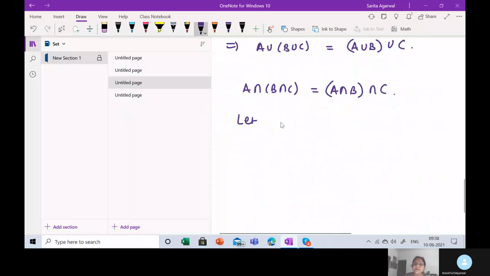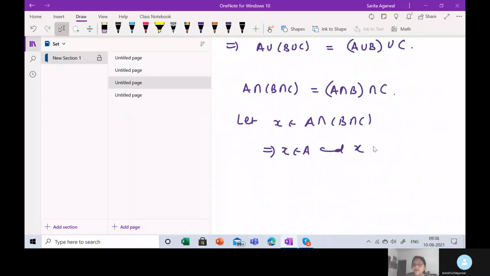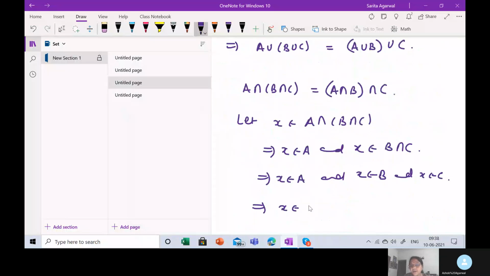Let X belong to A intersection B intersection C. That means X belongs to A and X belongs to B intersection C. And that means X belongs to A and X belongs to B and X belongs to C. Now we can club these two. That means X belongs to A intersection B and X belongs to C. And that means X belongs to A intersection B intersection C.